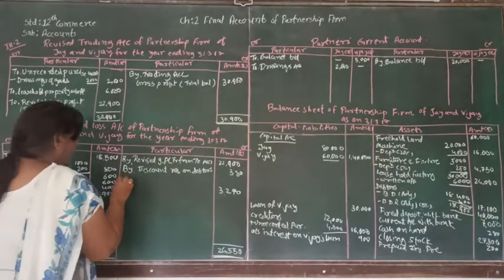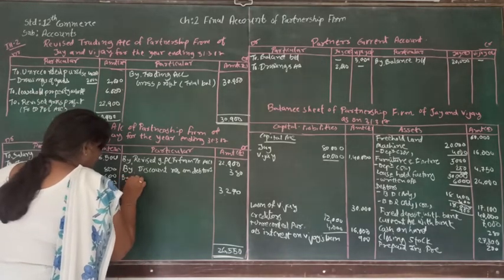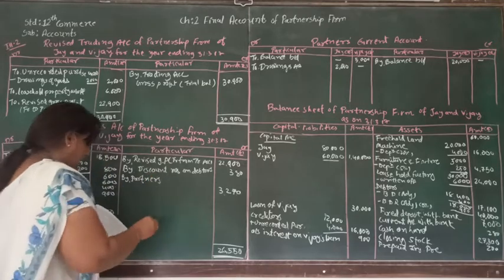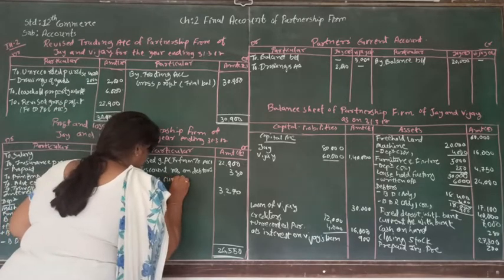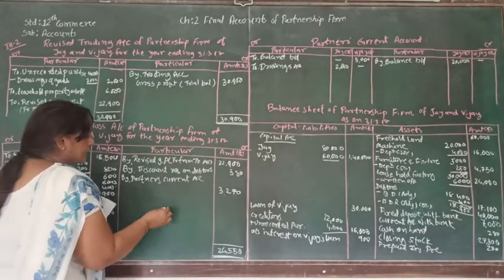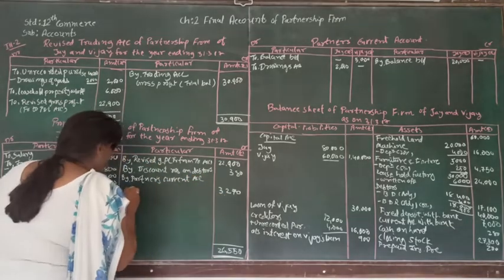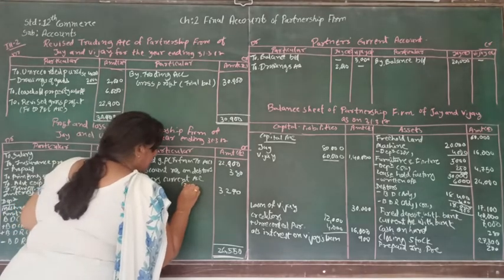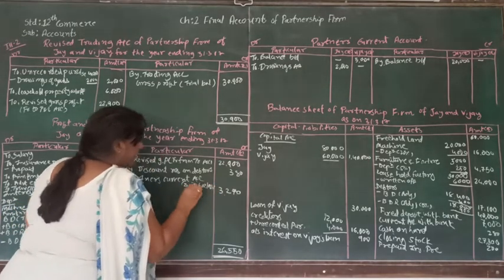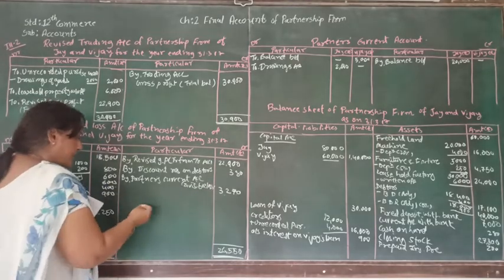So that is to be transferred to the partners' current account. We can see that it is a divisible loss, because there is nothing in the profit and loss appropriation account. So this is a net loss as well as a divisible loss.